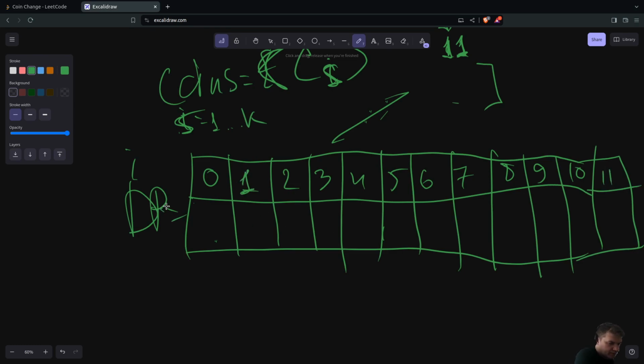The dp value there: to get 0, I have 0 minimum combinations. To get 1, I need 1.